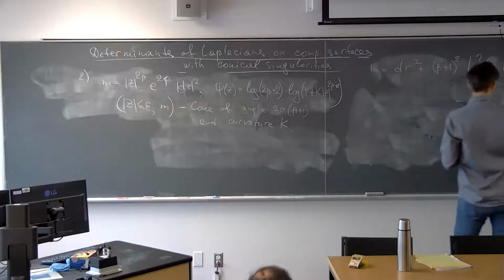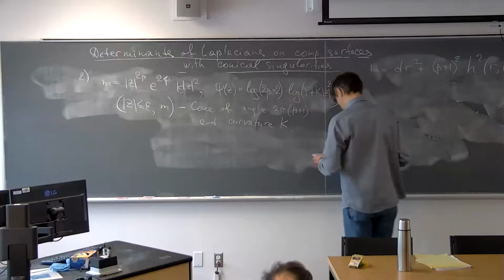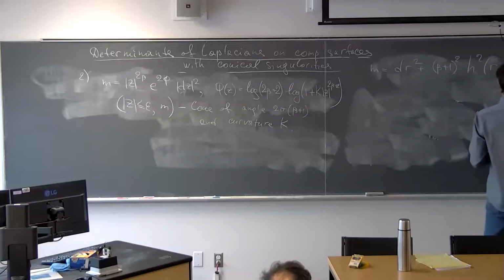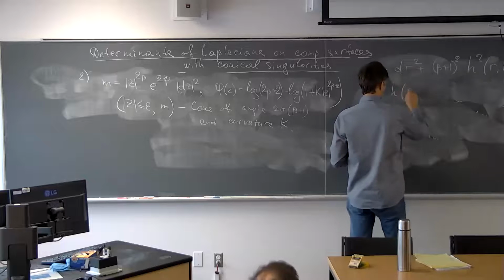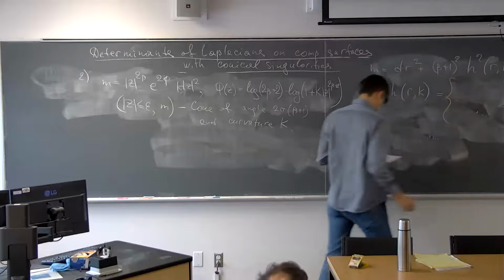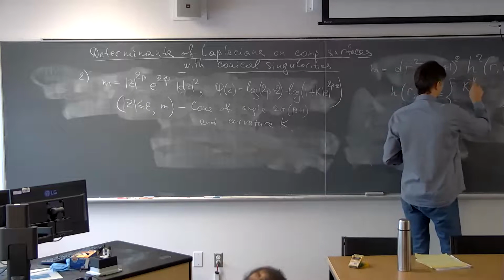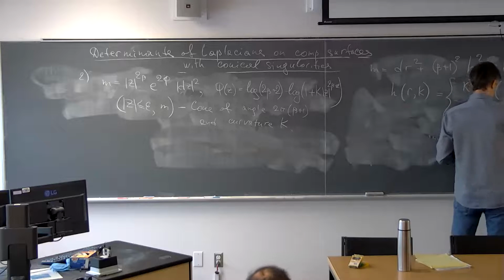So those are the local geodesic polar coordinates centered at the tip of this cone or at the vertex. And so r is positive, theta is in this range. And then the function h of r and the curvature takes the familiar form. So it's k to the power -1/2 sine of k to the 1/2 r.